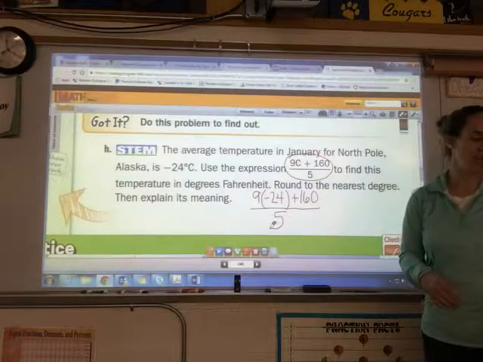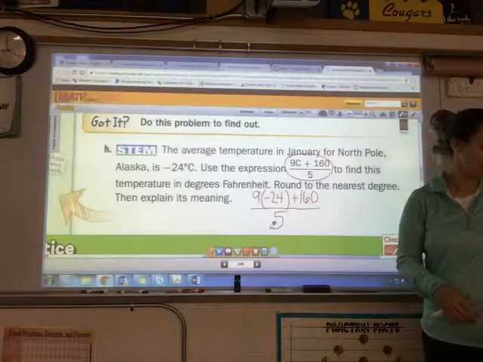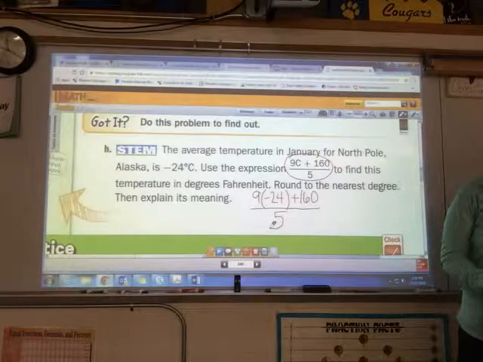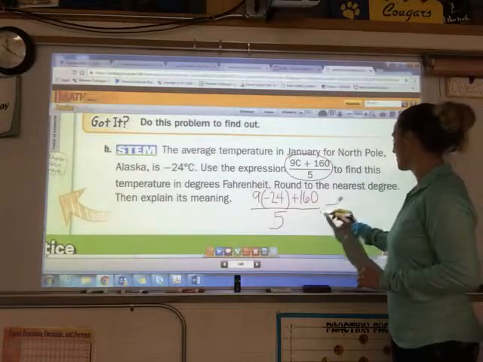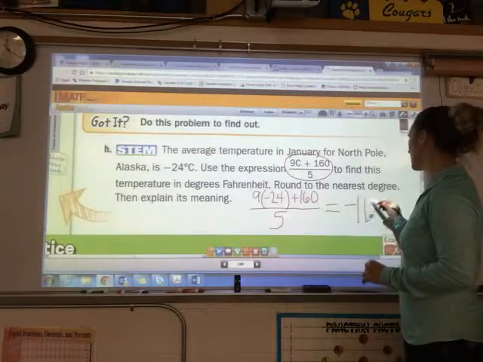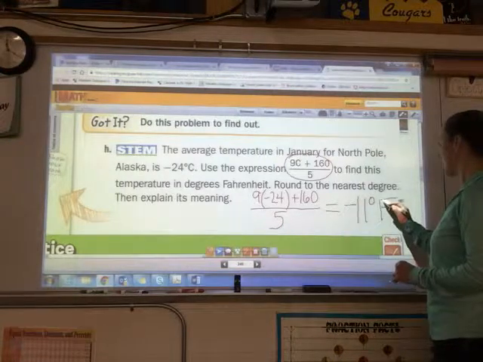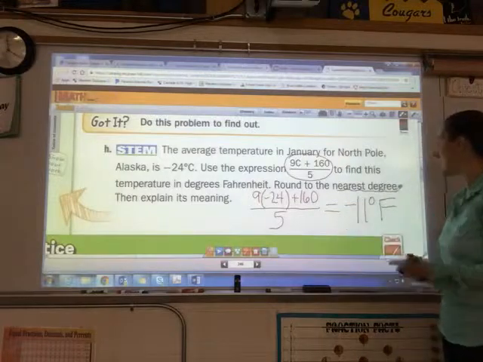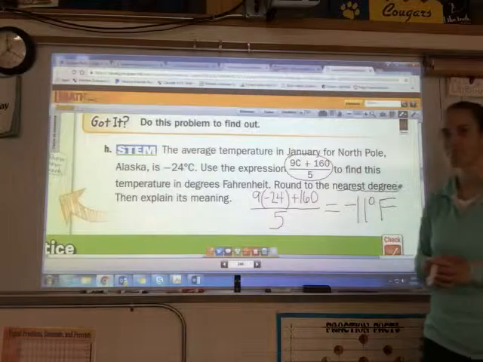Take a minute right now to calculate that. We should come up with about negative 11 degrees Fahrenheit. Notice it says round to the nearest degree. So we're looking at negative 11 degrees Fahrenheit for the answer to that one.